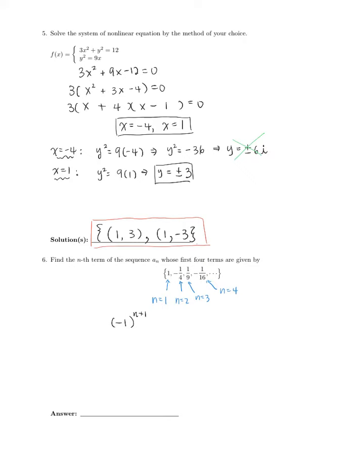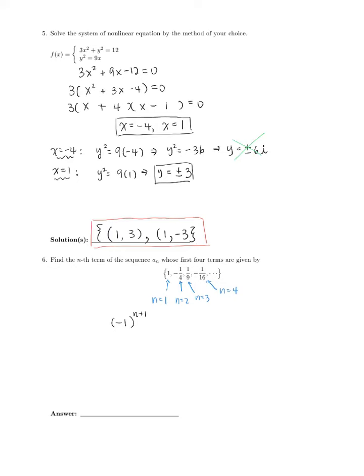Now let's take a look at the denominator. Luckily, the numerator is always 1. So the bottom, when n equals 1, it's 1. n equals 2, it's 4. n equals 3, it's 9. And n equals 4, it's 16. Do you see a pattern? Do you see that 4 is 2 squared? 9 is 3 squared. 16 is 4 squared.